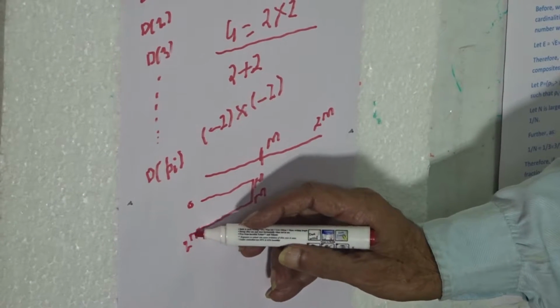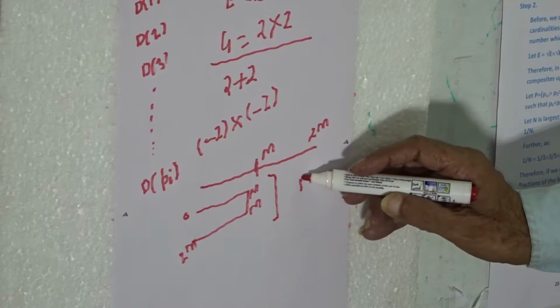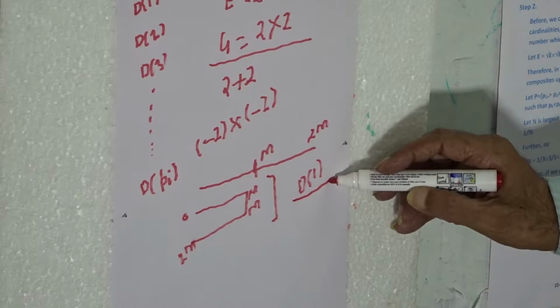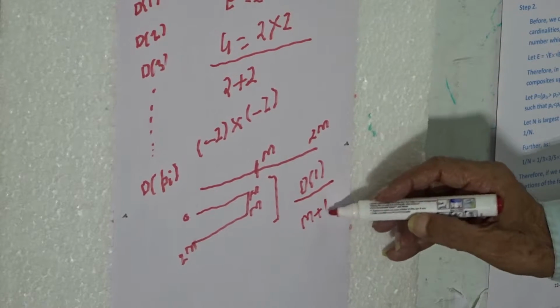And it is this way that we had constructed D1, a set of duplexes of cardinality m plus 1.